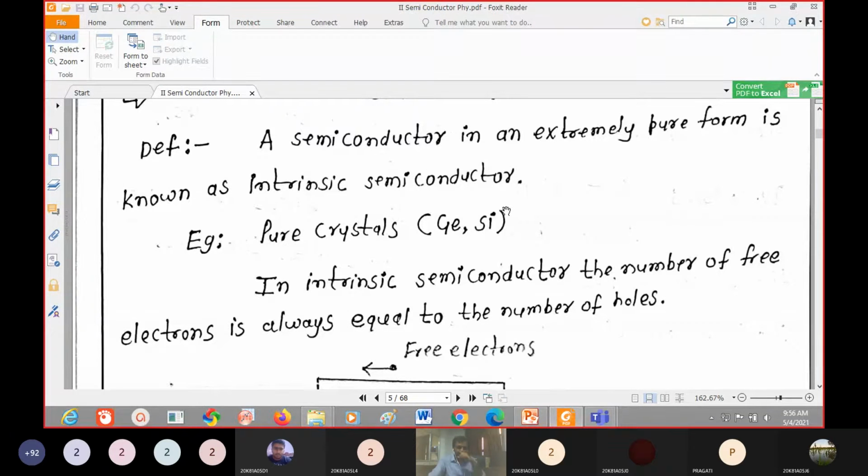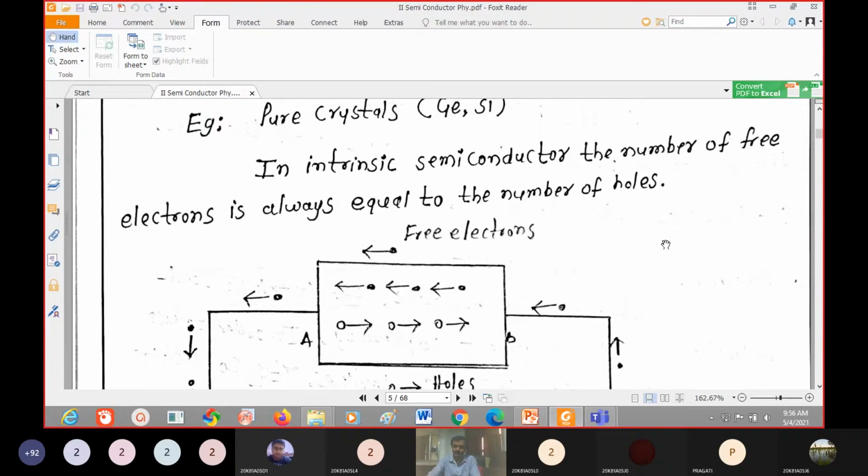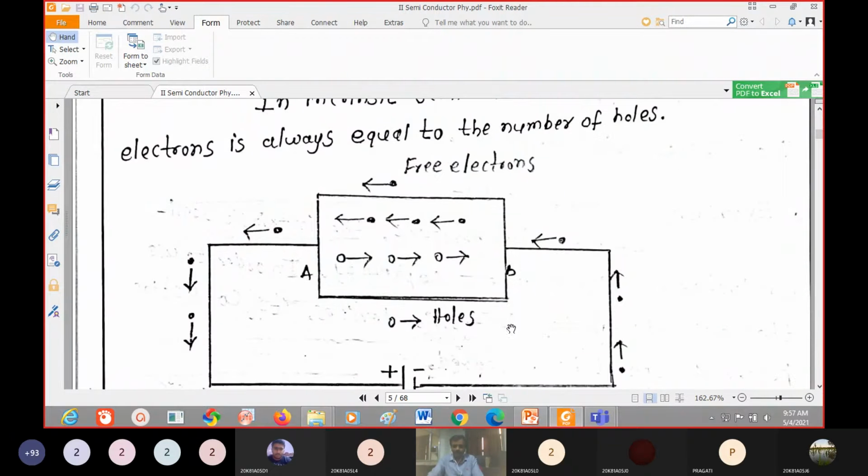I gave one definition previously, and you can write this one also. Now we will discuss how current passes through an intrinsic semiconductor. In an intrinsic semiconductor, the number of electrons in the conduction band is equal to the number of holes in the valence band. Both are equal.